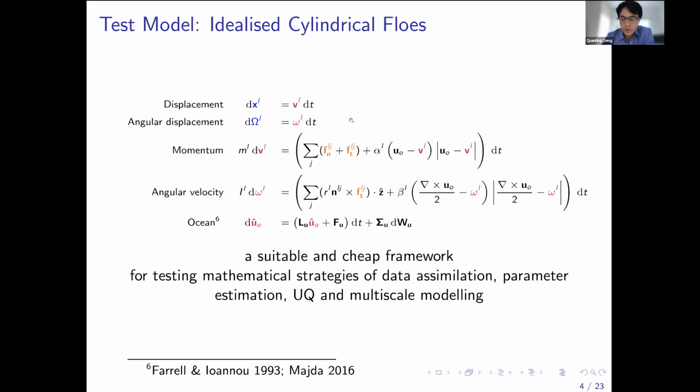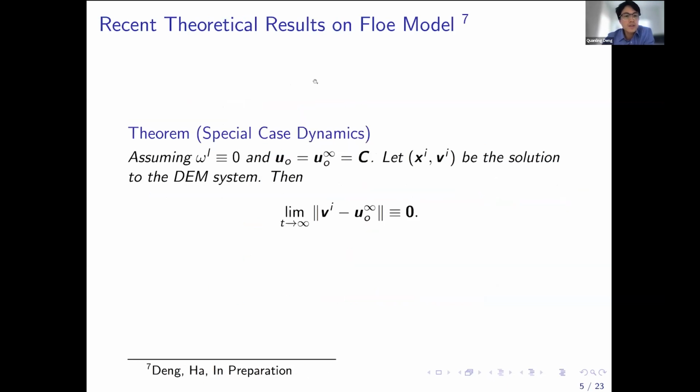So based on this simple model in an even simpler setting, assuming that the angular velocity is absent, we derived some theoretical results recently with Professor Har from Seoul National University. So what are we looking at?